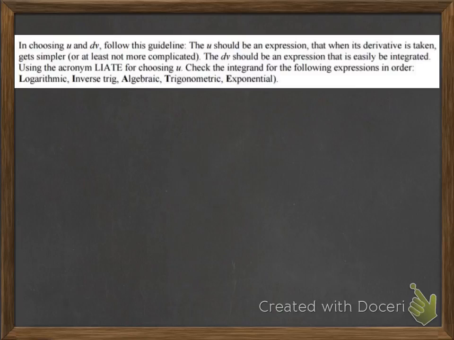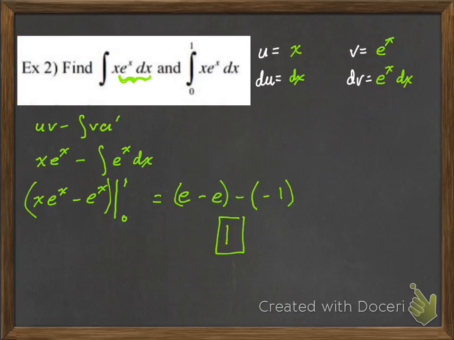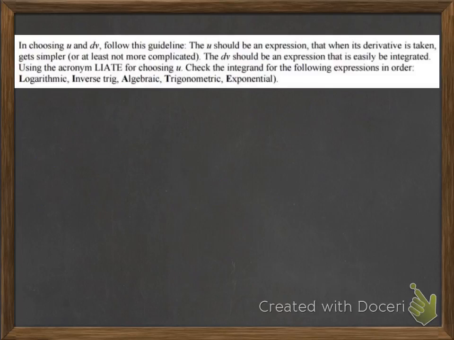Now you're probably asking, how do I pick out what the u value is and what is the dv value or v prime value in all this? Well, there's a nice little acronym that we can use to figure out what the u value is, and the rest of it will be the dv or v prime.